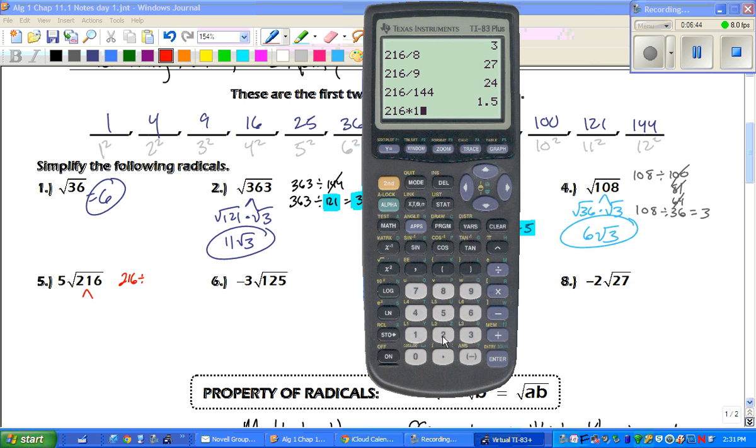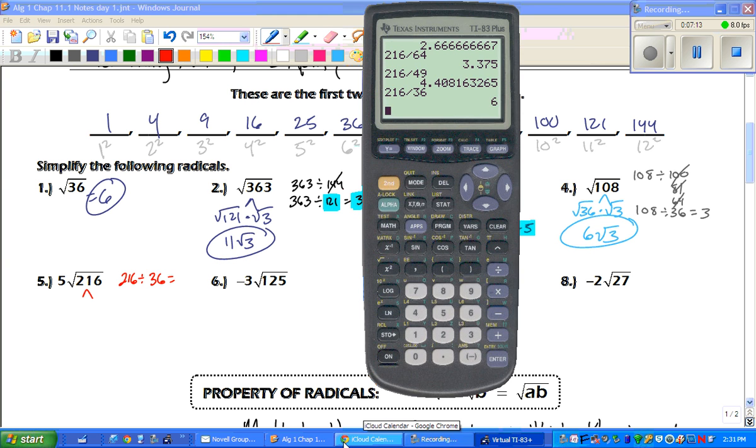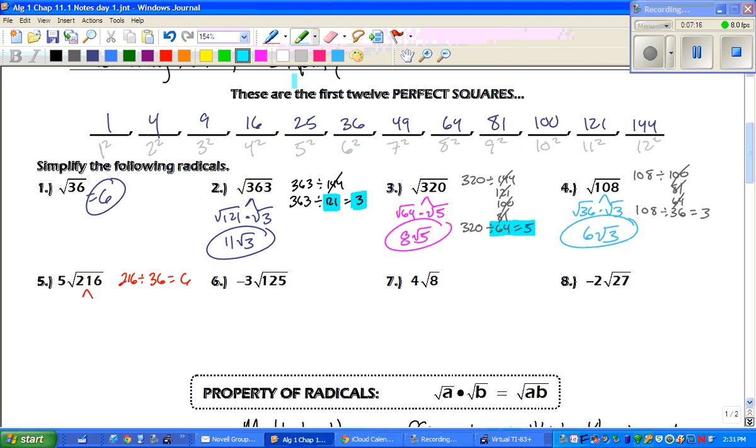No. Divided by 100. No. 216 divided by 81. No. 64. 49. No. 36. Sweet. So it's 36, and the remainder was 6. These are the two numbers that it breaks down to. That 5 still stays out there.